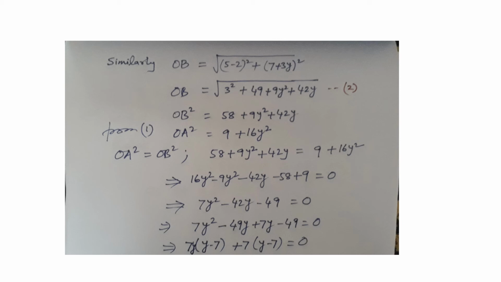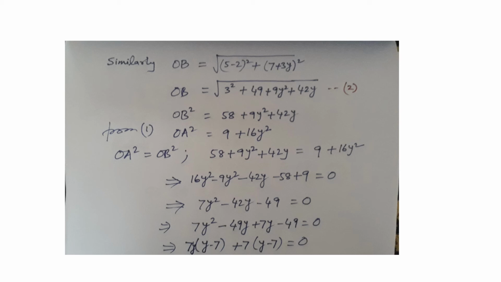You bring everything to one side, simplify and then find that 7y square minus 42y minus 49 is equal to 0. Then you factorize it; you can make it 7y square minus 49y plus 7y minus 49 is equal to 0.